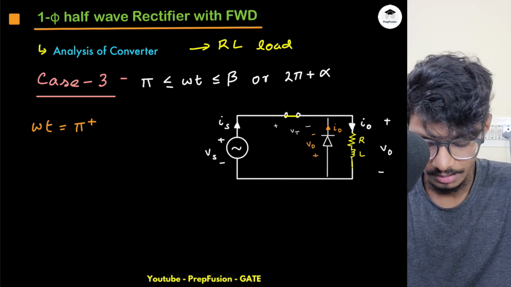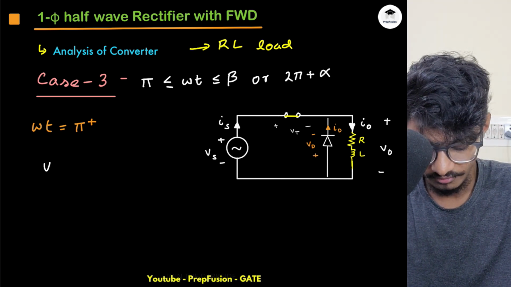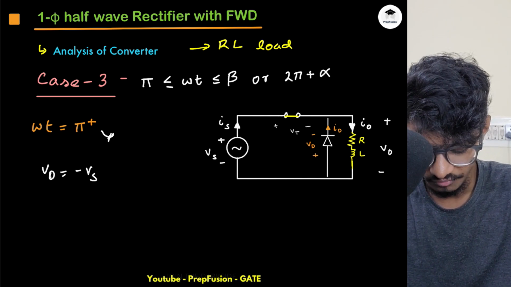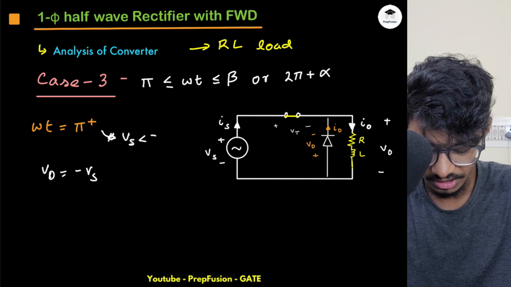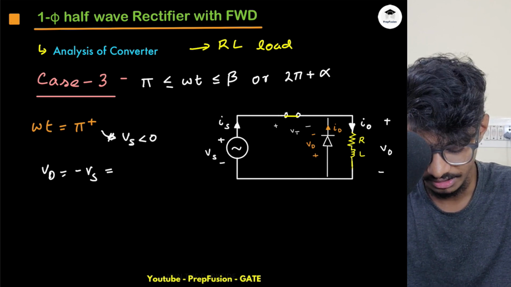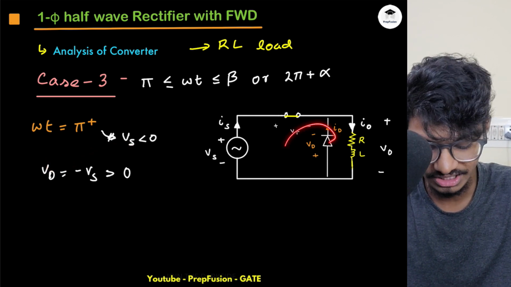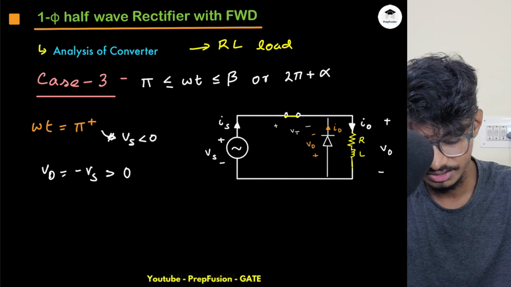My Vd is minus Vs, and my Vs is very small but just negative, so my Vd will be just positive, and I am assuming the diode as ideal, so Vd just becomes positive.